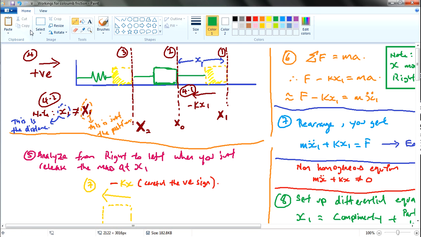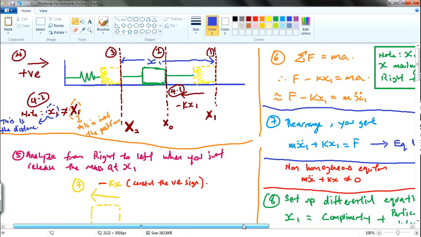You can say that this distance can take on any form of distance x1, as long as wherever you want it to be. So this is x1, from this point to the very end point.